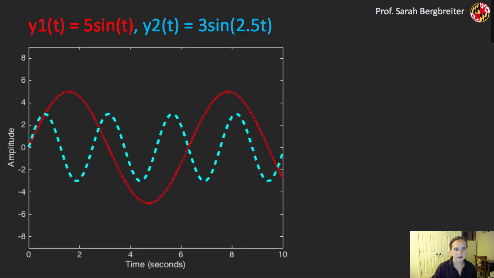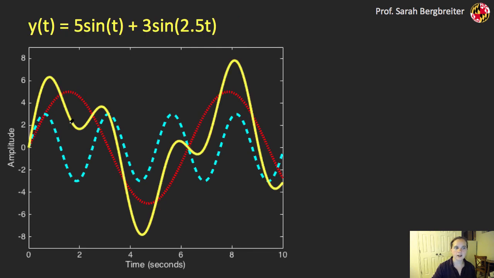Then I can take that and add to it another sinusoid. In this case, my frequency is 2.5 radians per second. I have an amplitude of 3, that same 0 DC offset, and no phase shift on this either. When I add those two waveforms together, I get that yellow signal that you saw earlier.